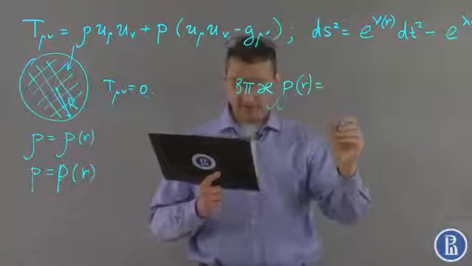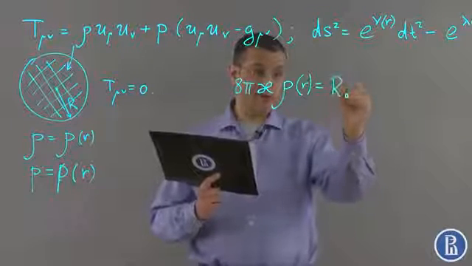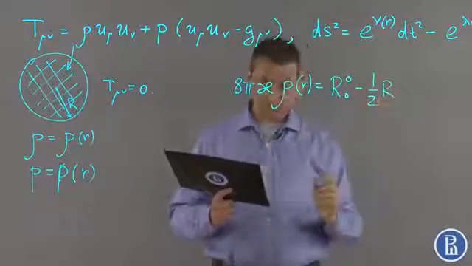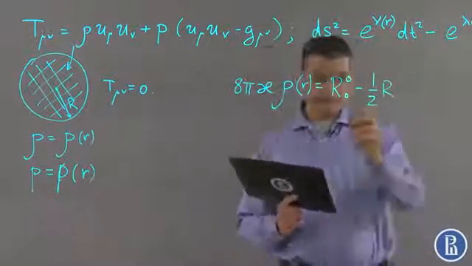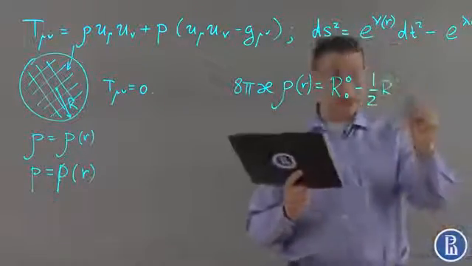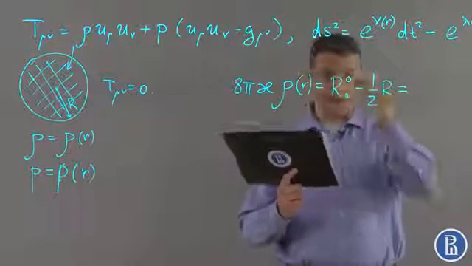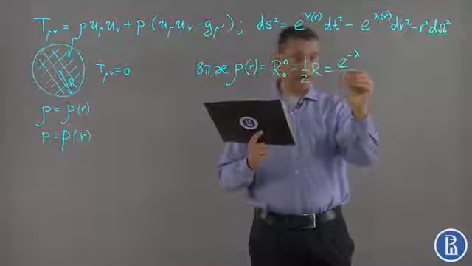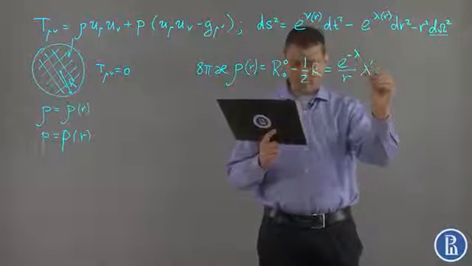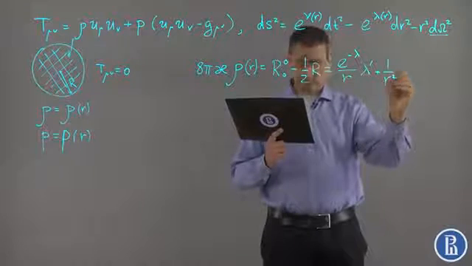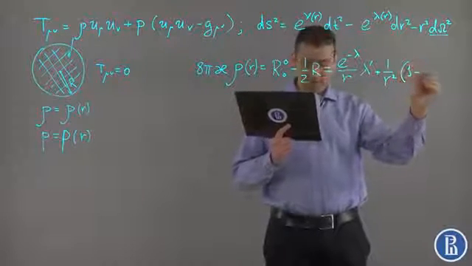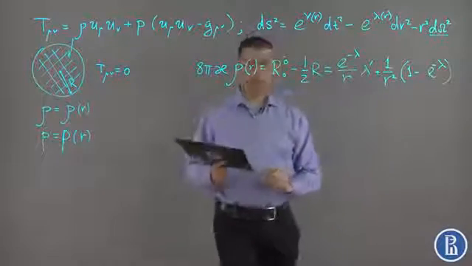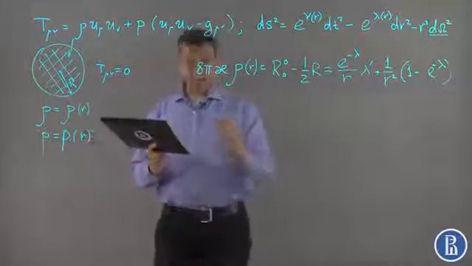This is just R_{00} − (1/2)R, the component of the Ricci tensor and scalar, and for this metric it is −(λ'/r) + (1/r²)(1 − e^λ). So this is the first thing.